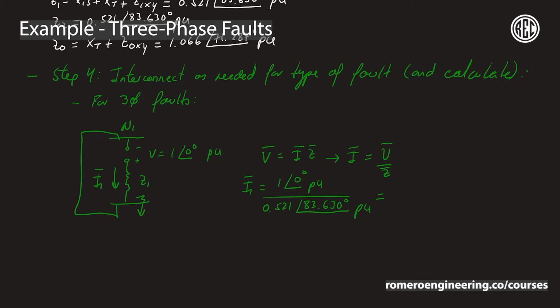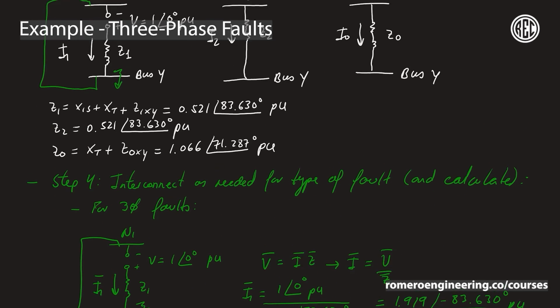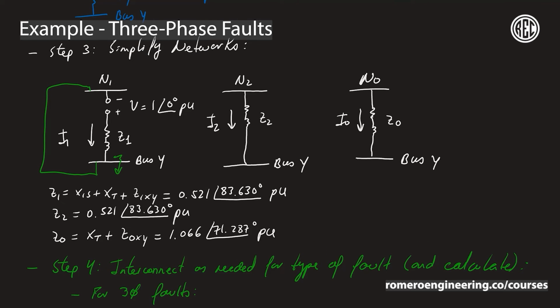So we get then that the positive sequence current in per unit is equal to 1.919 at an angle of minus 83.63 degrees. Again, this is in per unit. Now again, I2 and I0 are equal to 0 per unit, because for a three-phase fault, the negative and zero sequence networks are not involved at all in the fault calculation.